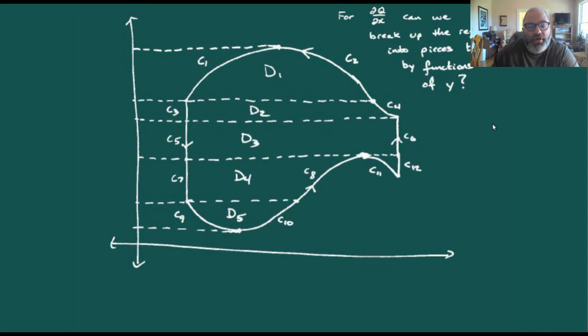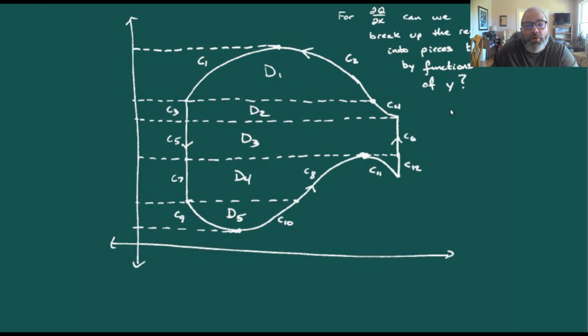The thing that makes the proof especially difficult, or maybe hard to visualize, is this part. Can you take this region and break it up into those pieces so that we can get these nice parameterizations out of it?